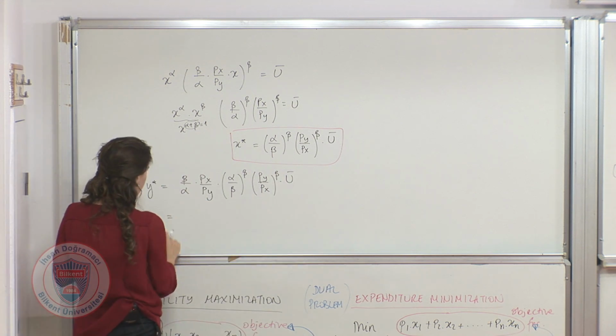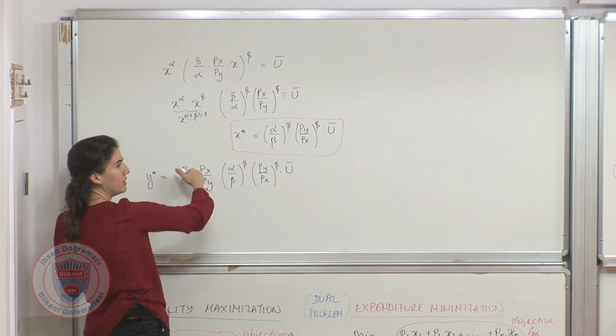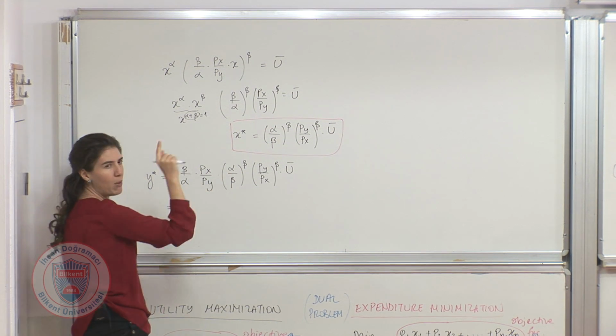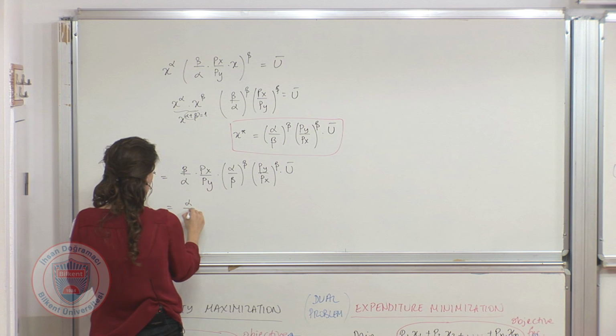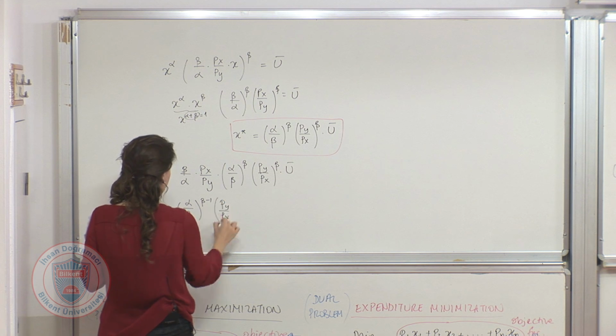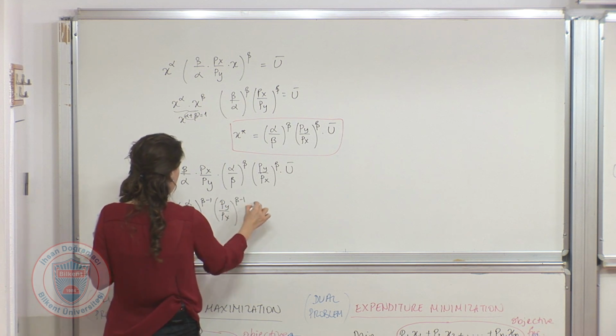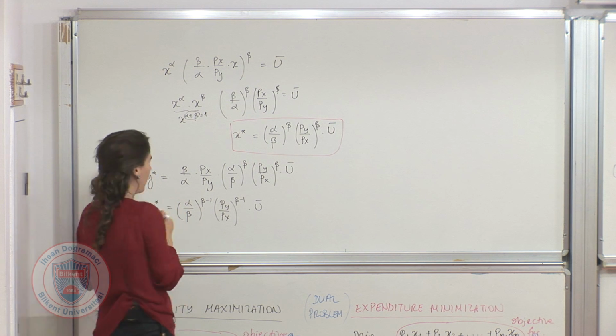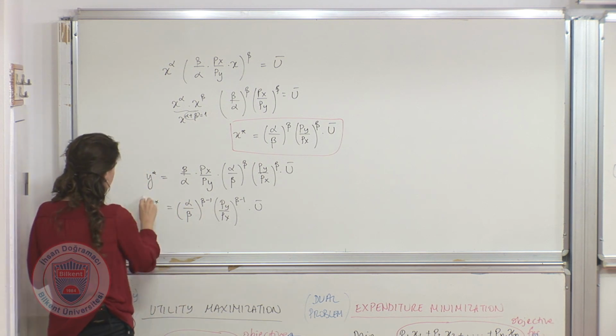And then from here, if I flip this, it's going to have minus 1, so this is going to be alpha over beta to the power beta minus 1, py over px to the power beta minus 1, u bar. Okay, so I have found my demands.